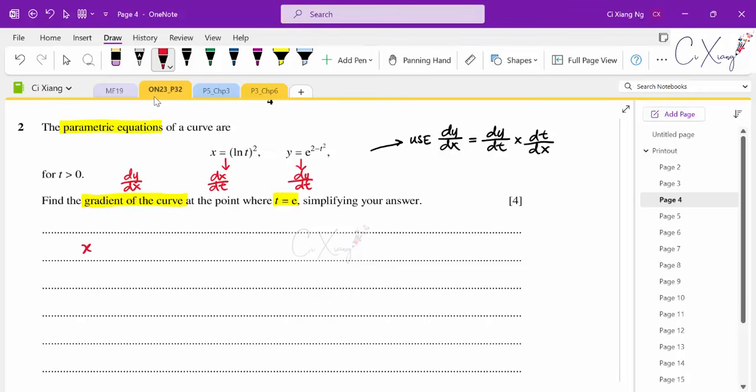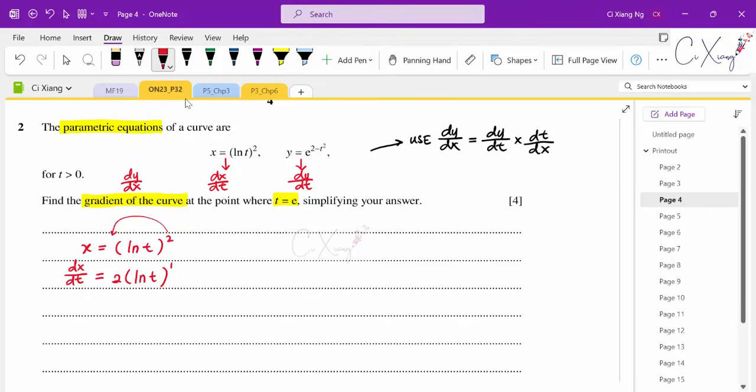Okay, so let's start with the parametric equation first. So I'm having x equals to (ln t) power 2, the whole thing power 2. First step, try to find the differentiation of x with respect to t, so you're having dx dt. When I'm having a bracket with a power outside, the process of differentiation is you pull the power in front, which is a 2, copy the bracket, then power minus 1, which is a 1.